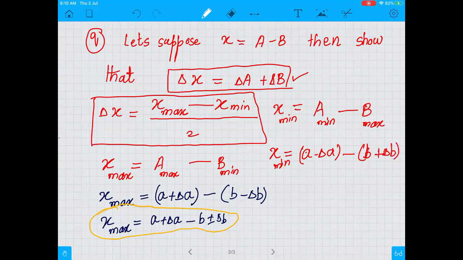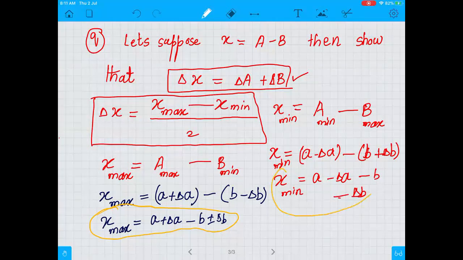So if we simplify this, x minimum is equal to a minus delta a minus b minus delta b. This is x minimum.